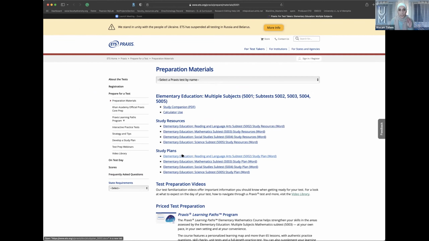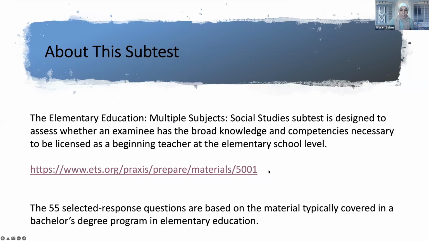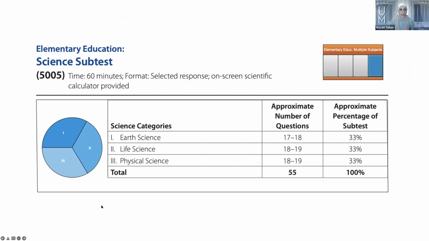You will find that for each content area, they have some videos, some lesson plans that will help you prepare for the Praxis. So this is the first page that you need to start working on as you prep for the science Praxis. Okay, so download the science study sheet and let's really look into them.